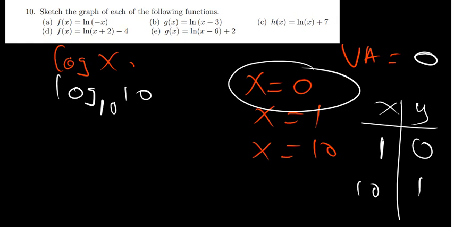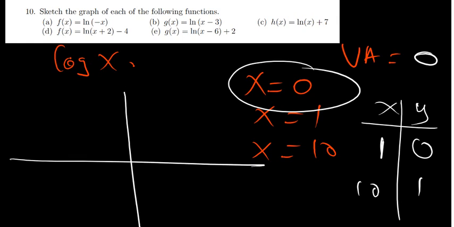Now how can we graph this? Remember we said log has got what we call vertical asymptote. So here is going to be my graph. My vertical asymptote is 0. This is the line for 0. Now this is the horizontal asymptote. What I'm doing, this is wrong. We are saying it is the vertical asymptote. Vertical has to be vertically here. So this is going to be my vertical asymptote. So in x we have got 1 and 10.